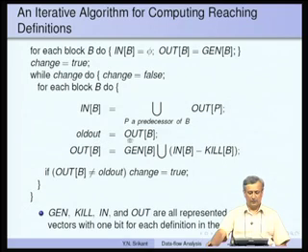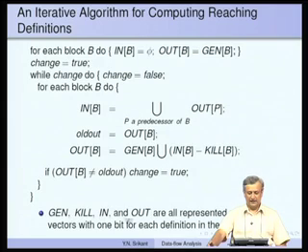Then old out is retained as out B, and out B is recomputed as gen B union in B minus kill B. If out B is not the same as old out, then change is set as true. So, we keep going. If change is true, then we go back and do it once more. If change is false, we then get out.